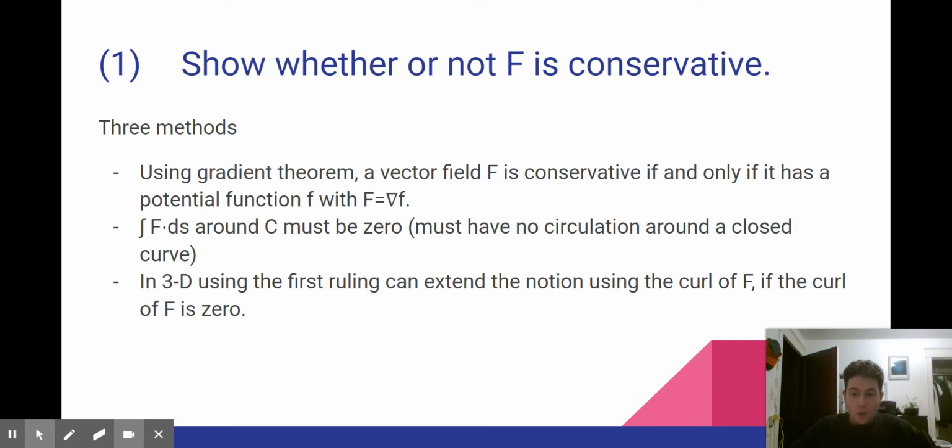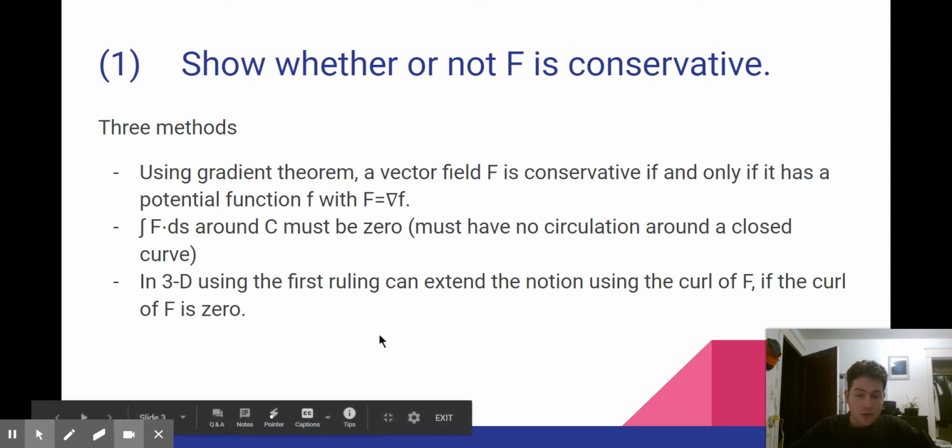Next, in 3D space, we can use the curl of F, and if the curl of F is 0, then it's a conservative vector field. This builds on the gradient theorem: if the cross product of the gradient with F is 0, we know it's a conservative vector field. So that's what we're going to use because it's the easiest computational method in this case.